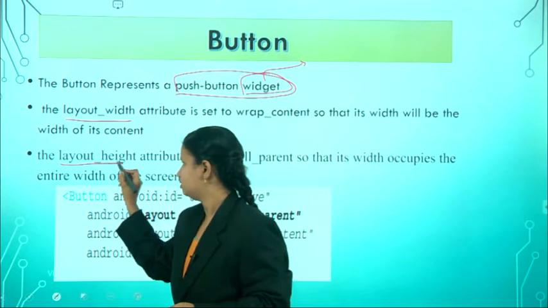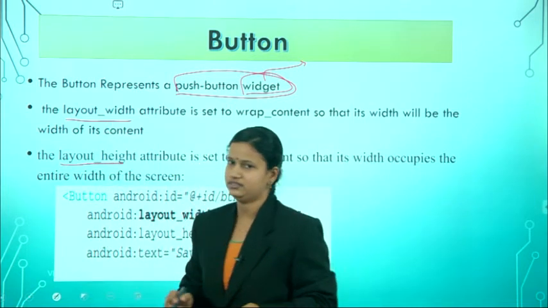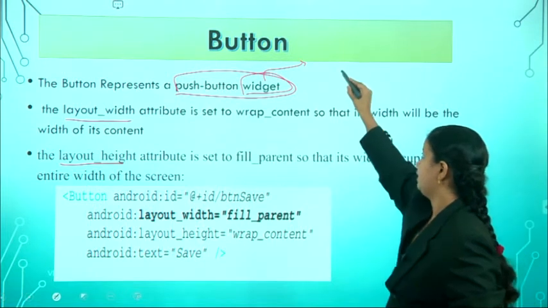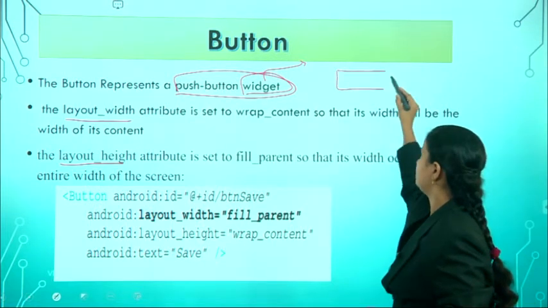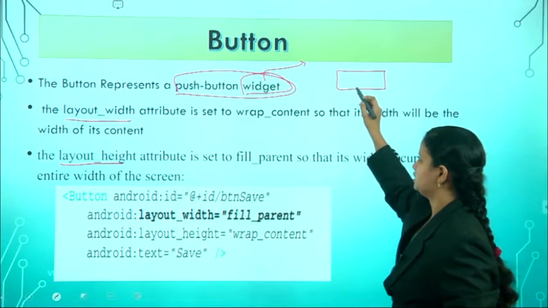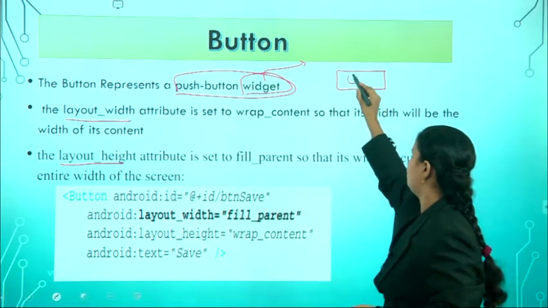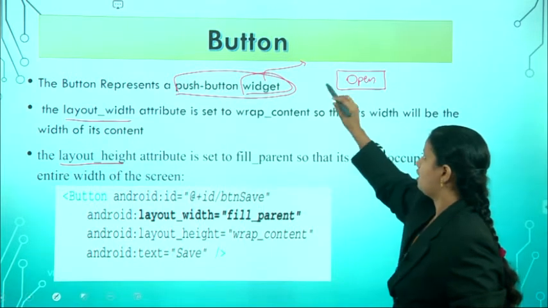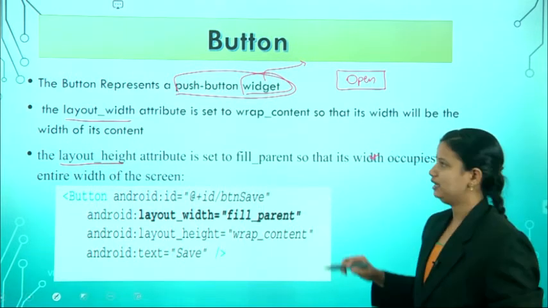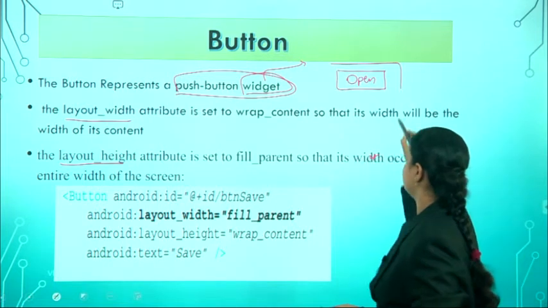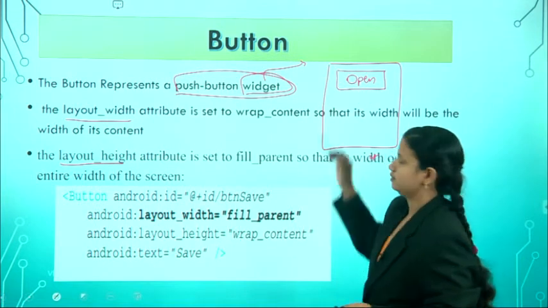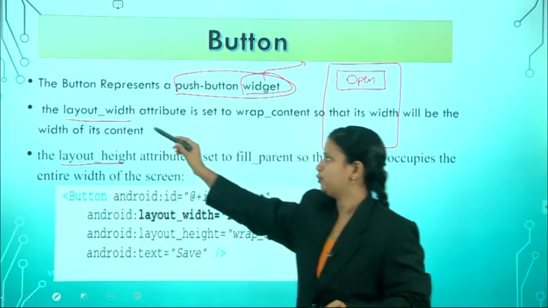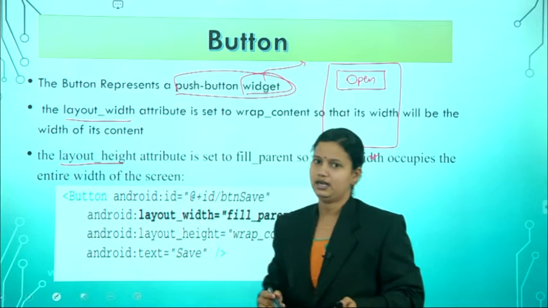What is the meaning of layout height and layout width? The button is to be displayed in the user interface design. I want to consider the button name as open. The button is named open, but how much space it will occupy in the user interface design is specified using two properties, layout width and layout height.